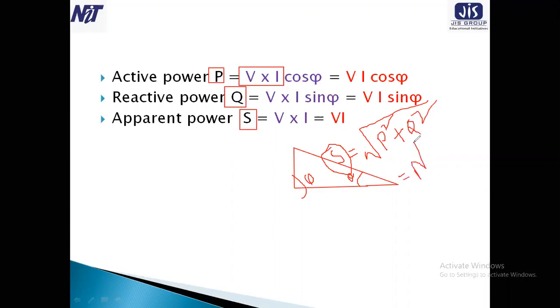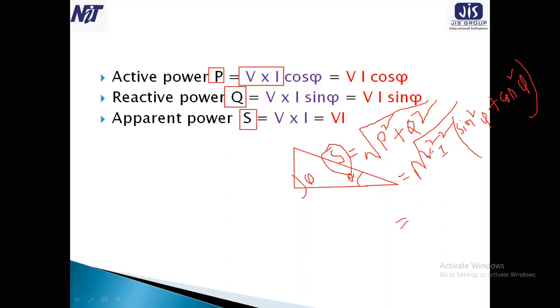So this is V square I square into, if we sum, V square I square cos square phi plus V square I square sin square phi.